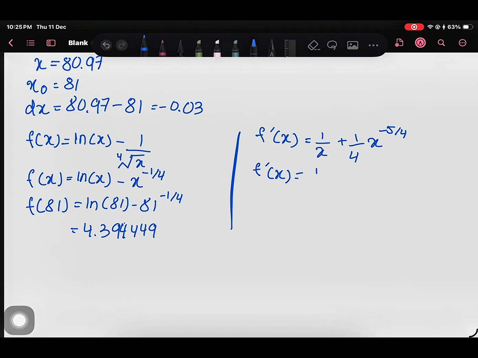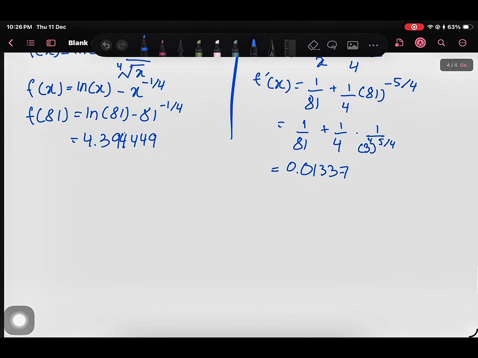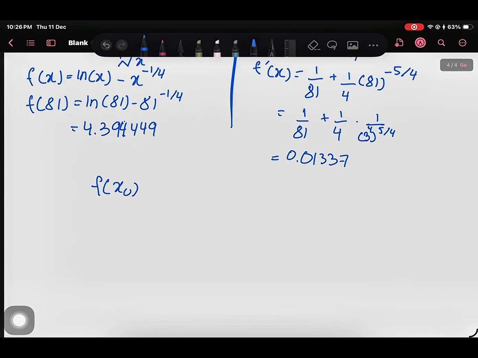So f prime x equal to 1 over 81 plus 1 over 4, 81 to the power of negative 5 over 4. And it will become 1 over 81 plus 1 over 4 multiply with 1 over 3 to the power of 4 to the power of 5 over 4. And the answer is negative 0.01337.